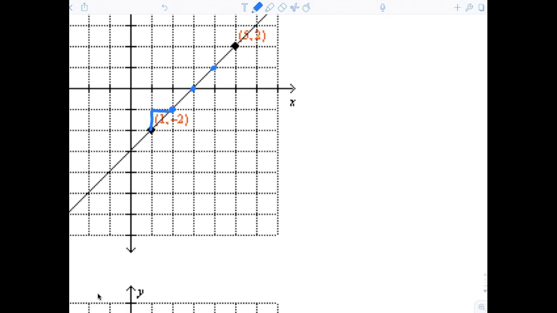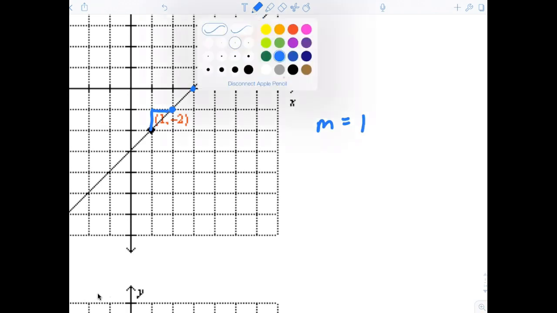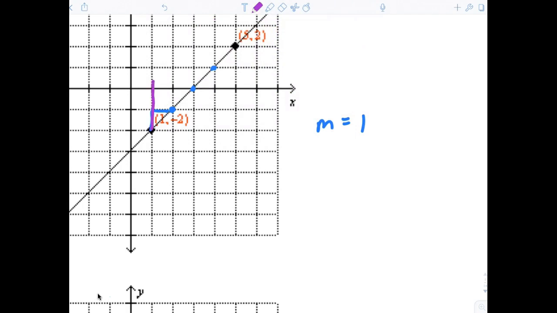So the slope is what? Slope is 1. If you want to, you could have said, I went up 4, and to the right what? 4. If I go up 4 and over 4, it's still 1. If I go up 2 and over 2, or up 3 and over 3, or up a half over a half, that ratio will always equal 1.